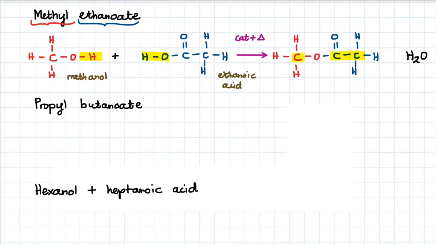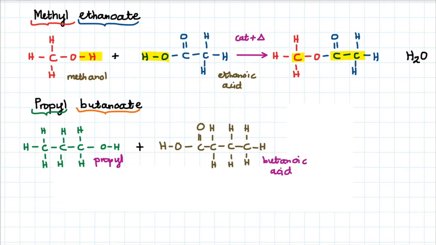Let's now look at propyl butanoate. Propyl butanoate is formed by using the alcohol called propanol and the carboxylic acid known as butanoic acid. When these substances react in the presence of heat and a suitable catalyst, the propanol is going to lose a hydrogen from its OH group or hydroxyl group, and the butanoic acid is going to lose an OH.